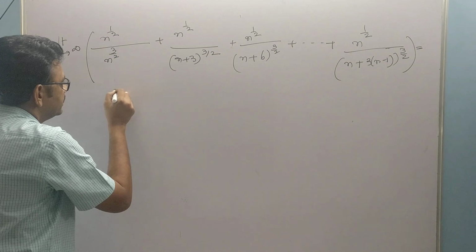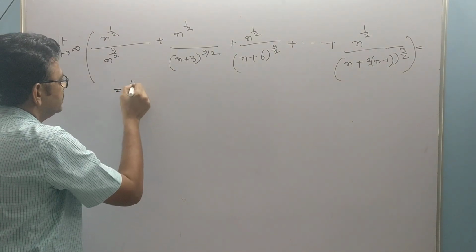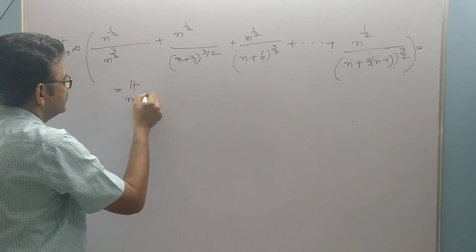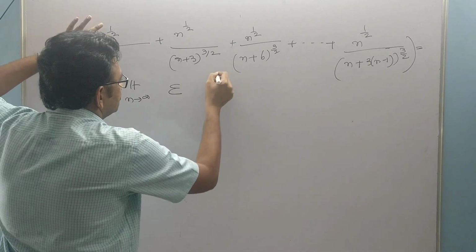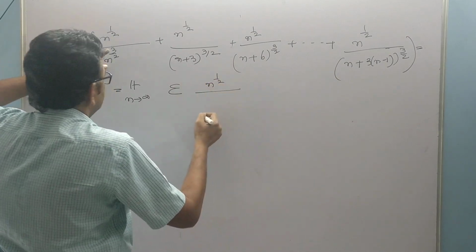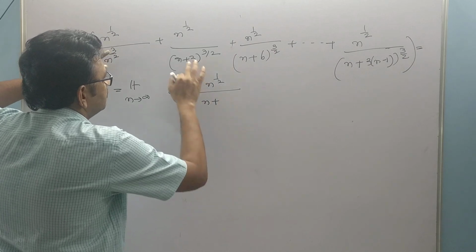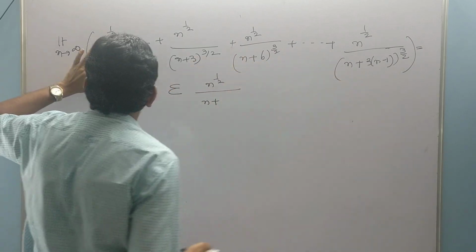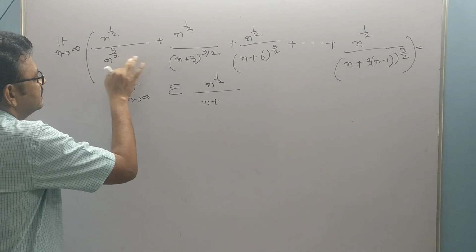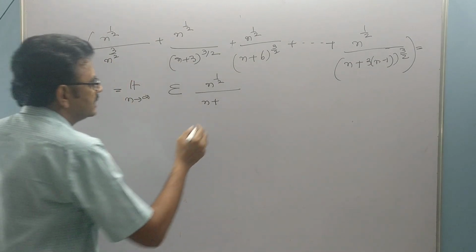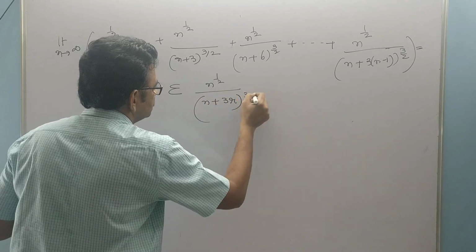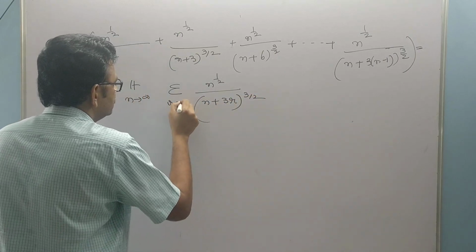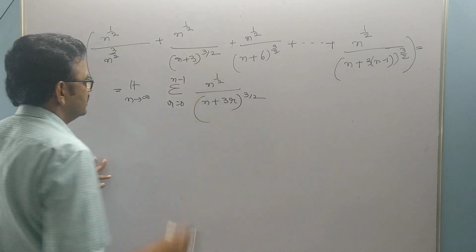This reduces into sigma notation. Limit of n tends to infinity, you write sigma. So this is fixed, n power 1 by 2 by n plus multiples of 3. So we can also write 3 into r, that is 3r, whole power 3 by 2, where r equal to 0 to n minus 1.